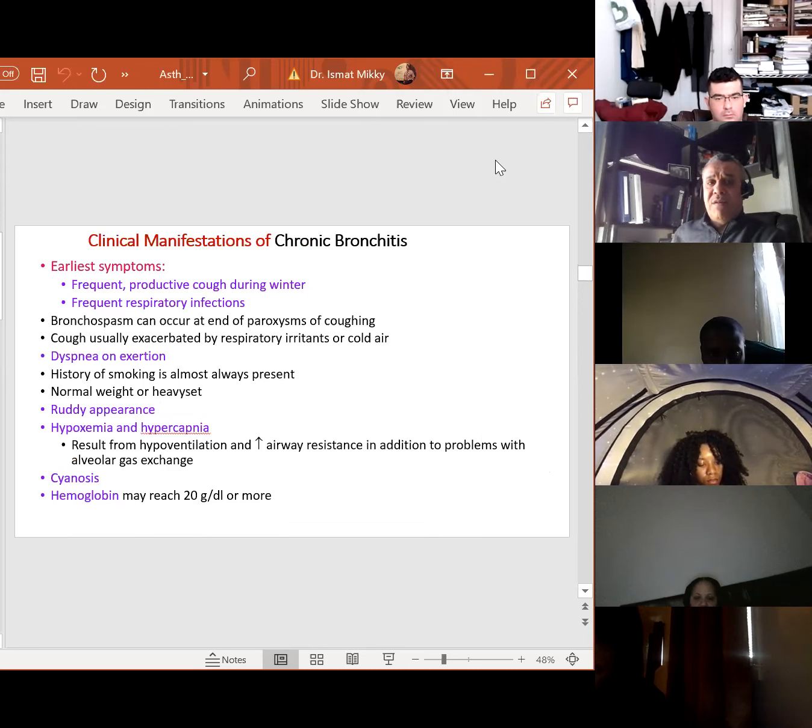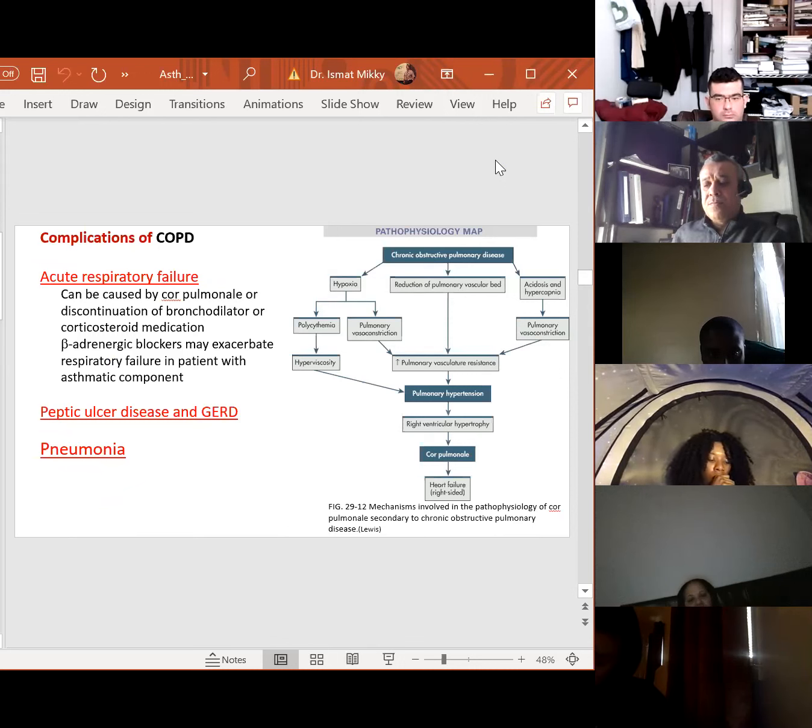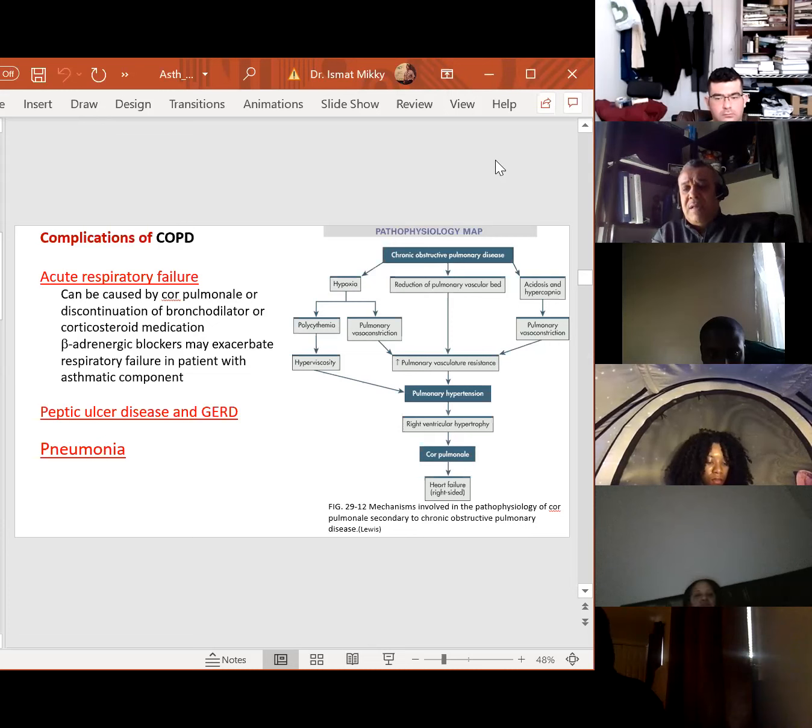And these are also manifestations of chronic bronchitis, in addition to the thick mucousy secretions. Complications include acute respiratory failure, even peptic ulcer disease, and GERD.